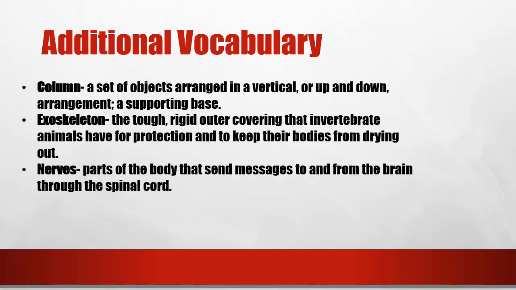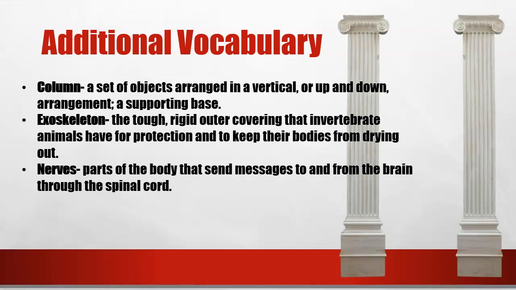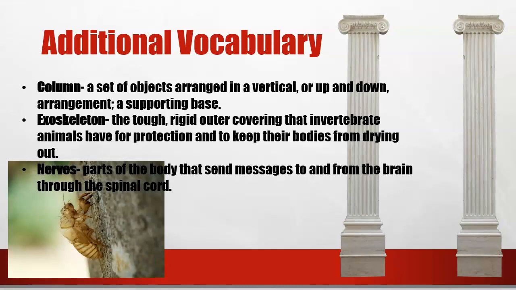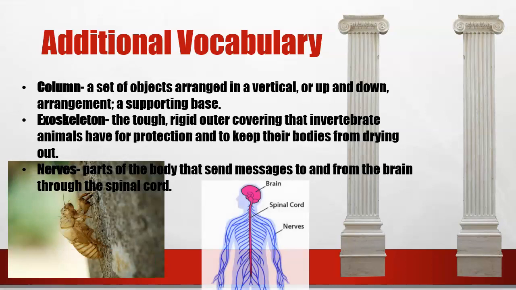Exoskeleton, the tough, rigid outer covering that invertebrate animals have for protection and to keep their bodies from drying out. Nerves, parts of the body that send messages to and from the brain through the spinal cord. So here are your columns. Here is your exoskeleton, and then that's just a picture of your nerves.